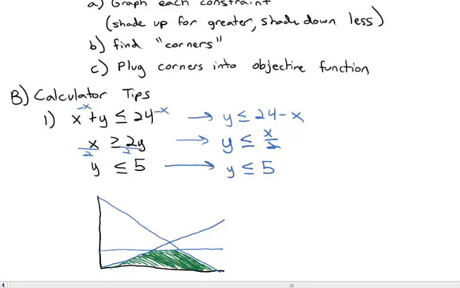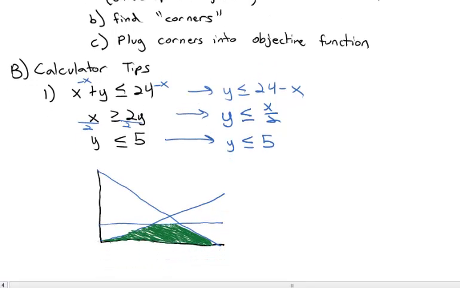That's going to be the area we are interested in for maximizing some type of objective function. We're interested in the corners of this function. The first corner we see right here in the bottom left corner, and that's obviously at the origin, so that's the point 0, 0.